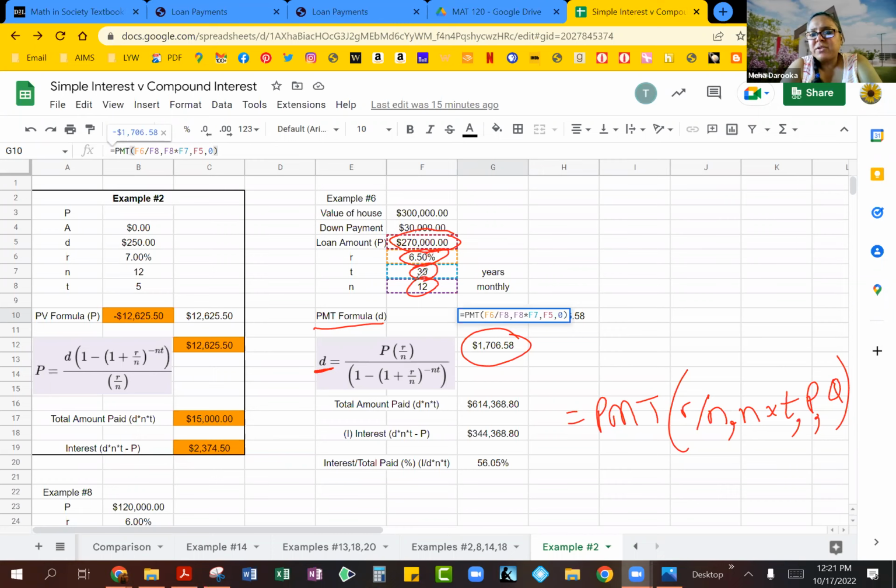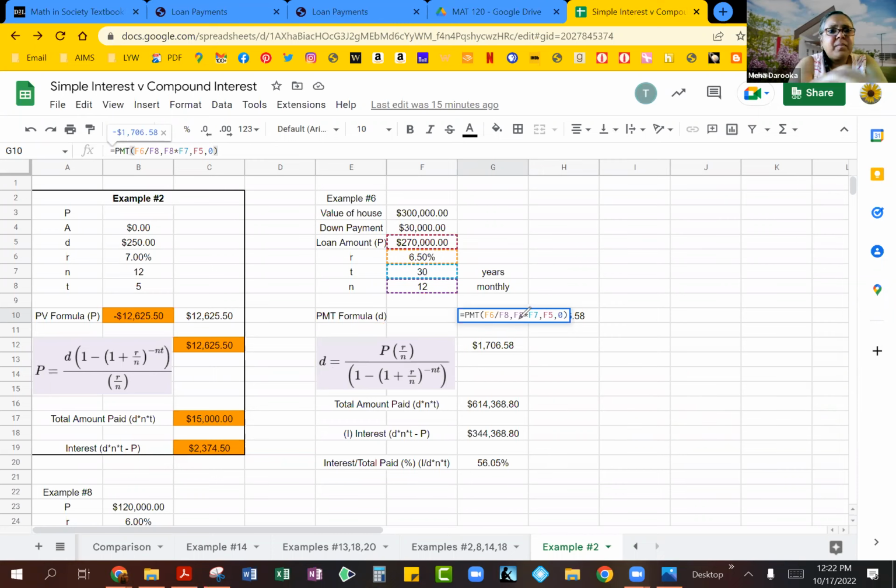So your loan amount is only 270,000. I don't know if that's where the error is happening. And then, like I said, your last argument is always going to be 0, because that's your principal, which should obviously come out to be $0 when you've paid off the loan. So check that and see if that gives you the 1706.58.